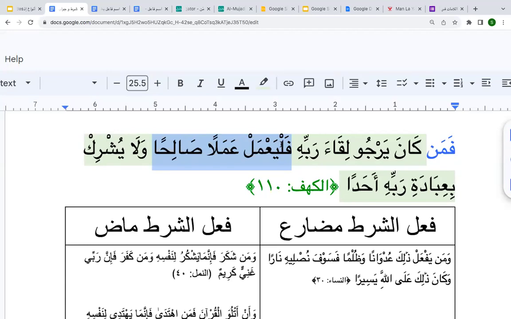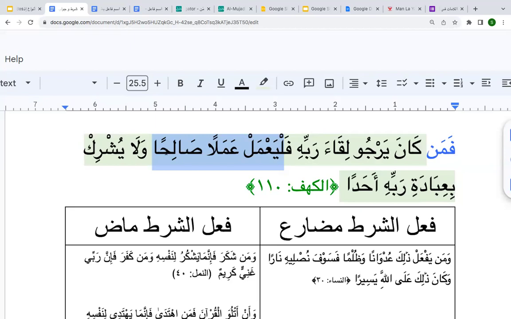Is this clear so far, my dear sisters? We are all on the same page now. Look at this whole thing here, from here to here. What is the status of this whole thing? It is fi mahalli jazmin. Why? Because of fa'ur rabita, and also because the shart was set up by man shartiya, right?